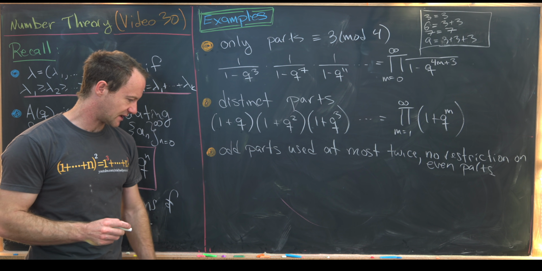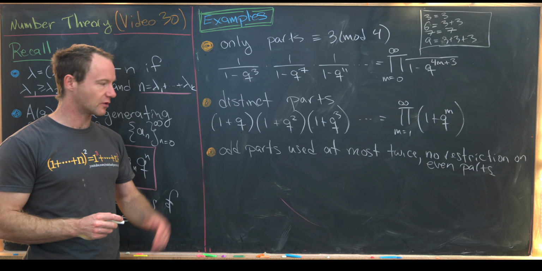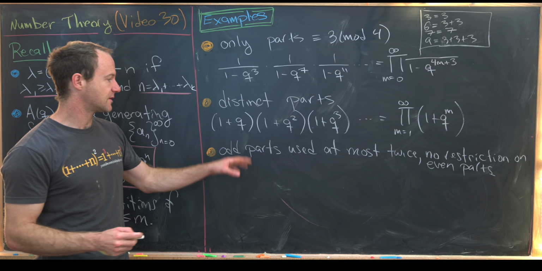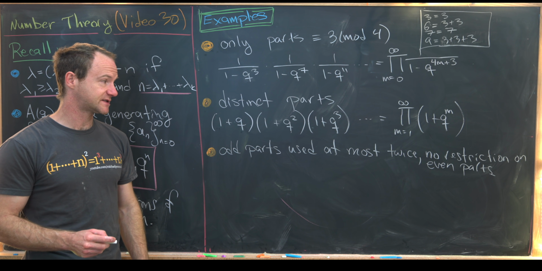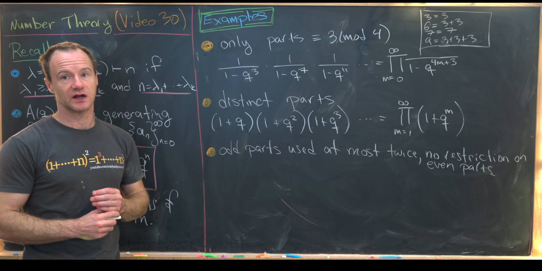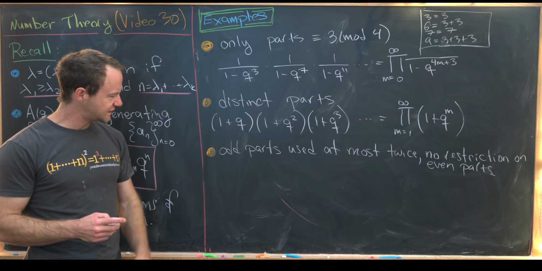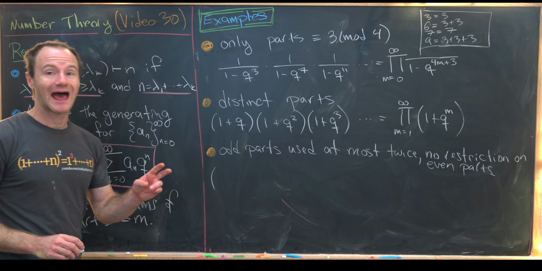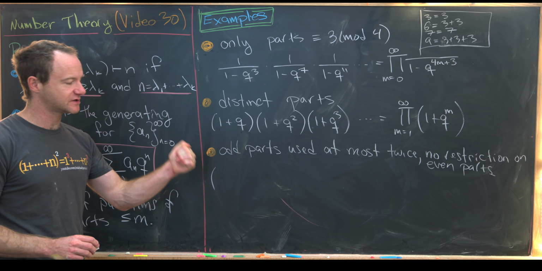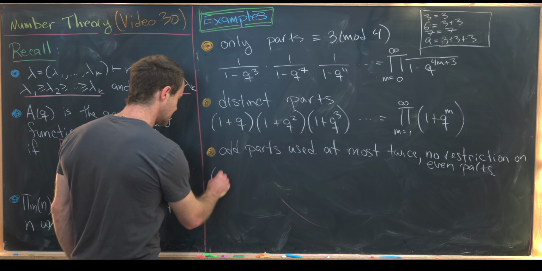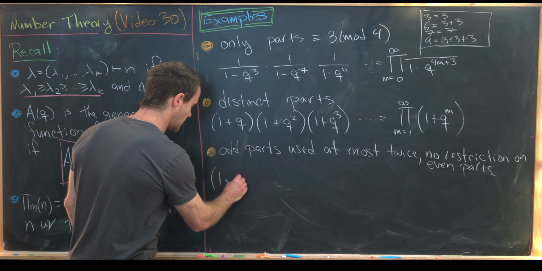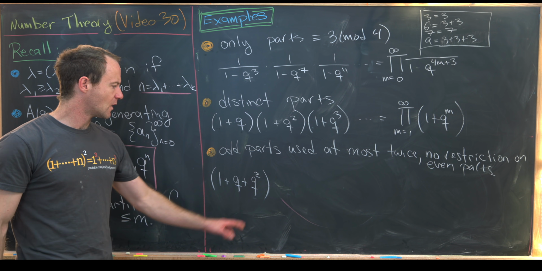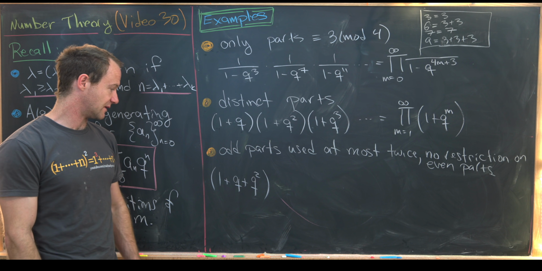So for instance, we're not allowed to use 1 more than once or 2 more than once, and so forth. Now let's look at this funny one, which is odd parts used at most twice, but no restriction on even parts. We'll have to do this a little bit at a time. That means we can use 1 at most twice, so 0 times, 1 time, or 2 times. 0 times would be a 1, 1 time would be q, 2 times would be q squared, or really q to the 1 plus 1 if you want to think about it like that.